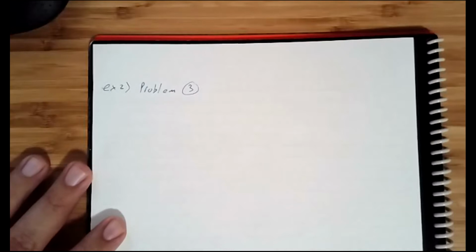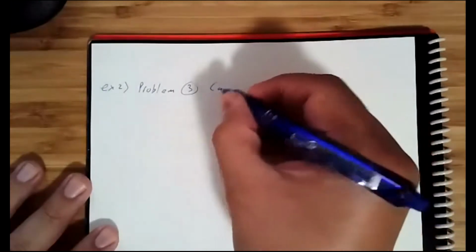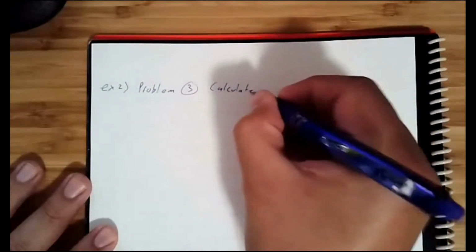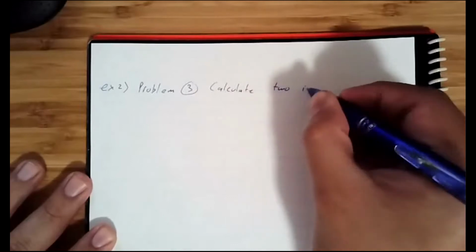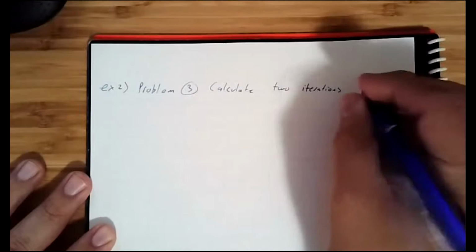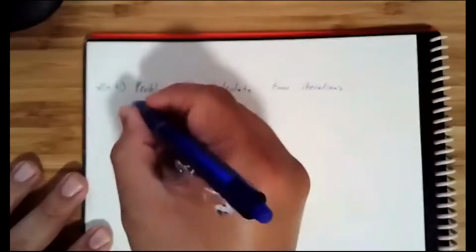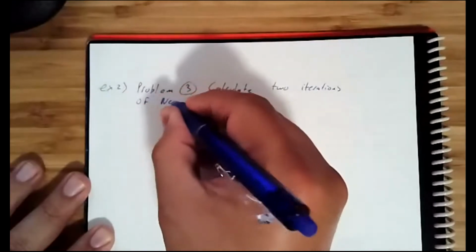Calculate two iterations of Newton's method.